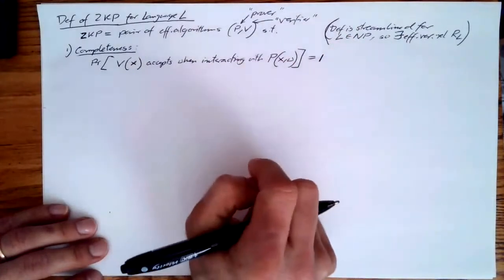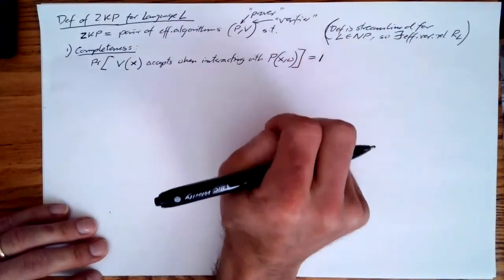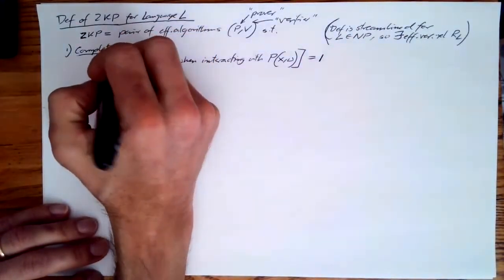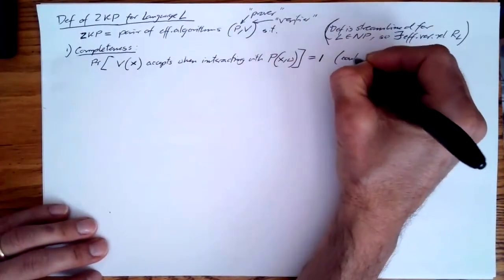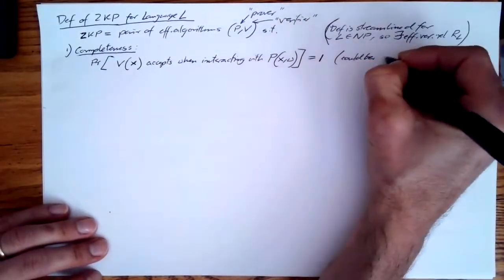An error in completeness is allowable too, so it could be relaxed.